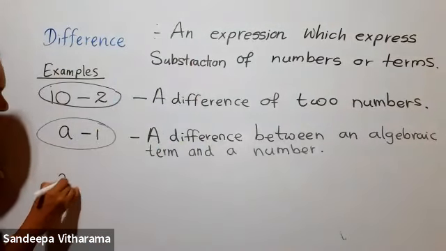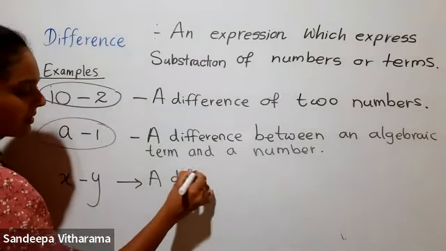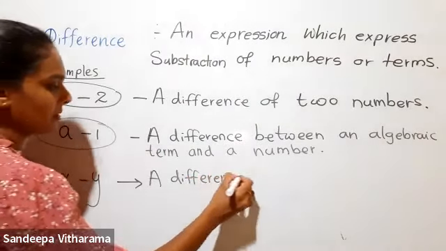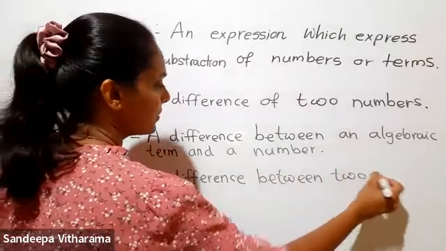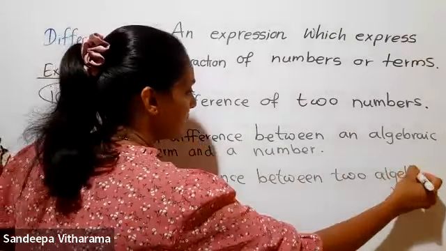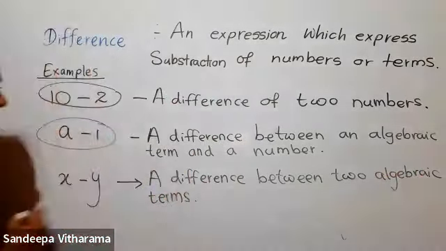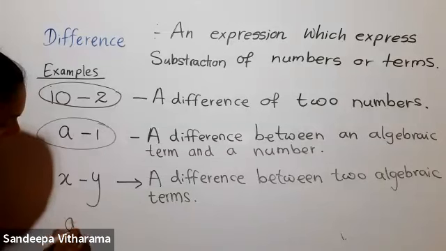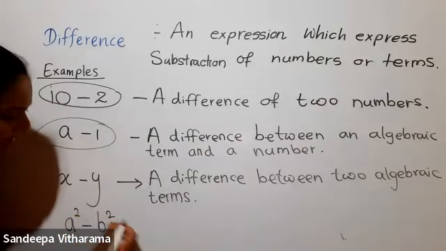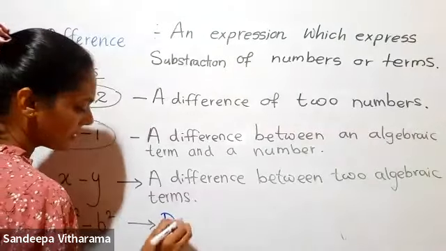If I consider this one, it is a difference between two algebraic terms. If I consider the kind of this one, a squared subtract b squared, this is called, actually it is better to write it in different color pen because it is that much important.